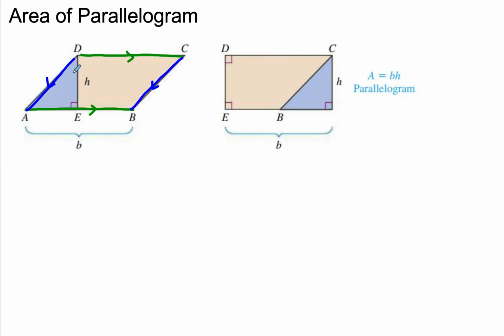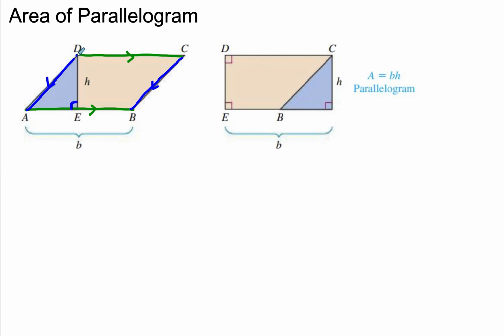Okay, so to find the rule for area of a parallelogram, you can cut this parallelogram with a perpendicular line here. So perpendicular means 90-degree angle.